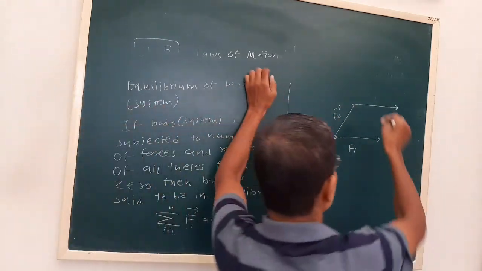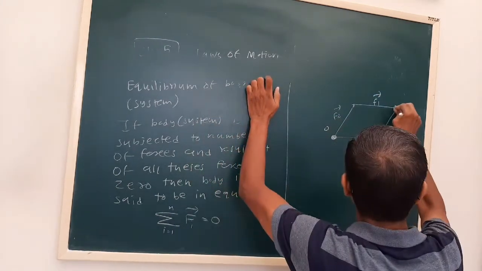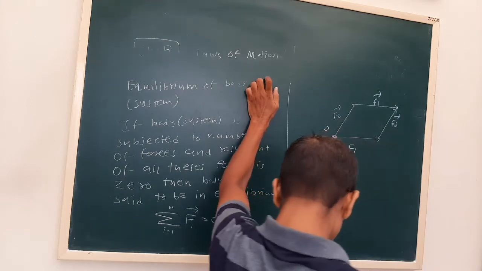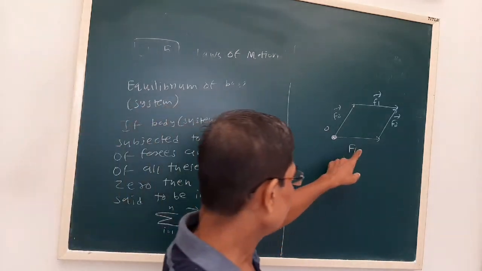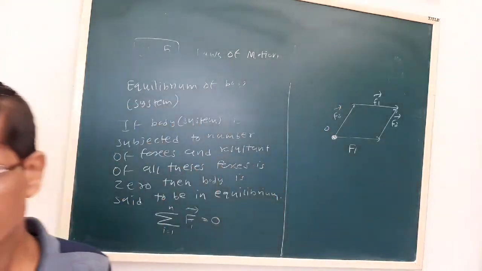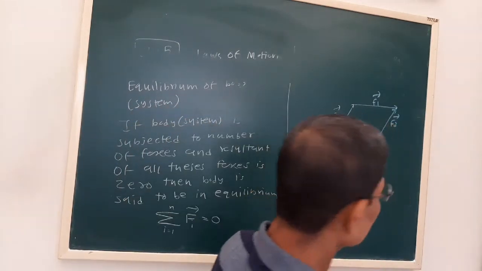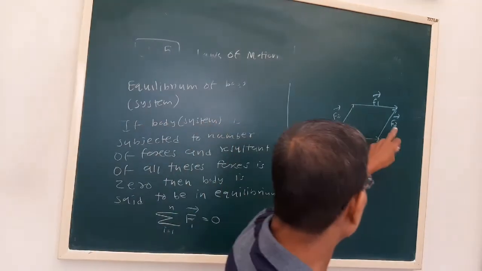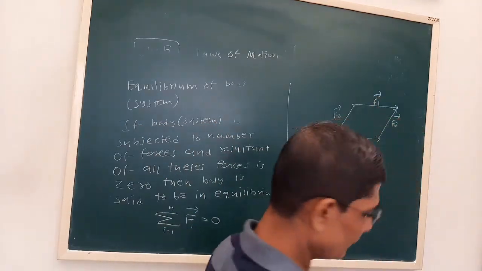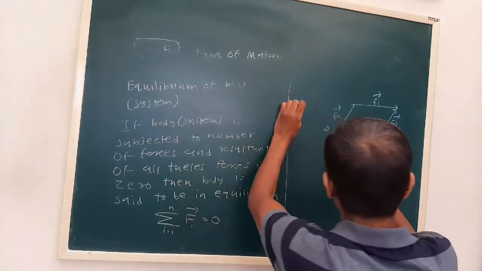I draw F1 and F2, and the two forces to be added are represented as adjacent sides of a parallelogram. Completing the parallelogram by taking opposite sides parallel and equal, this is the diagonal of the parallelogram.